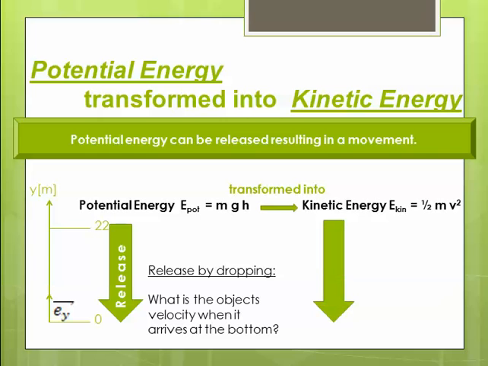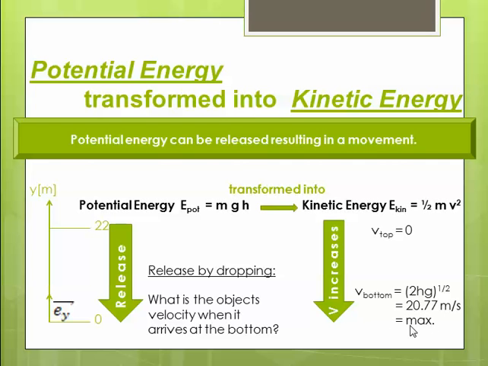So let the body drop, the velocity increases. First at the top the velocity is 0, but it becomes faster and faster until at the bottom the velocity is largest.